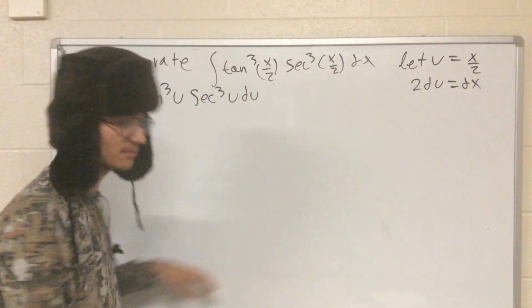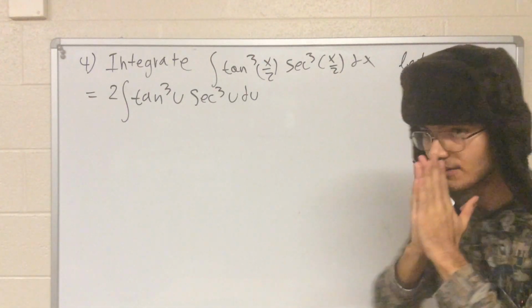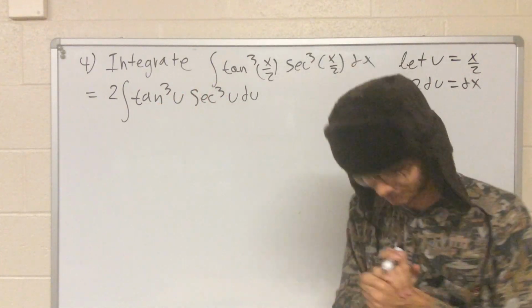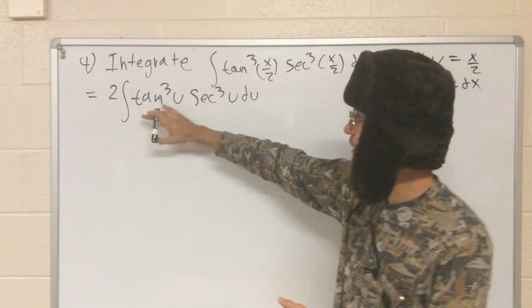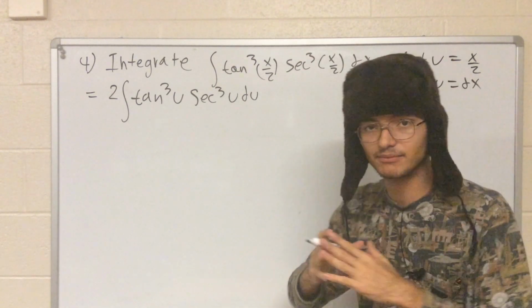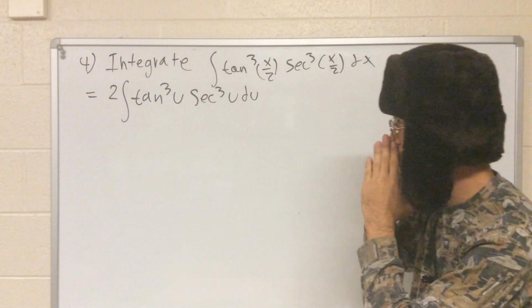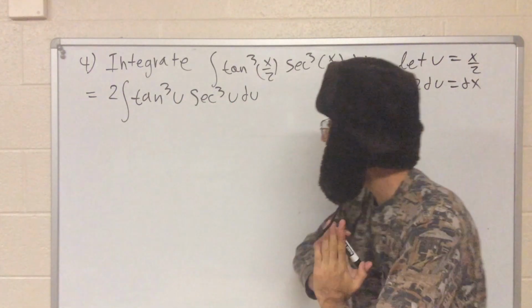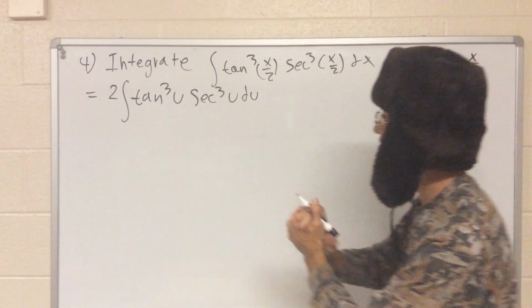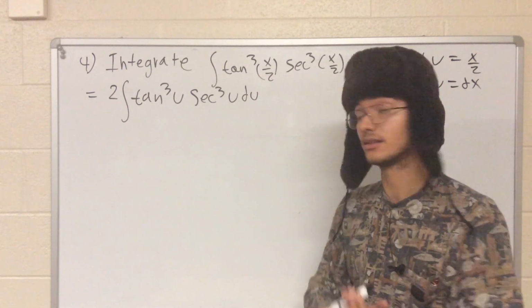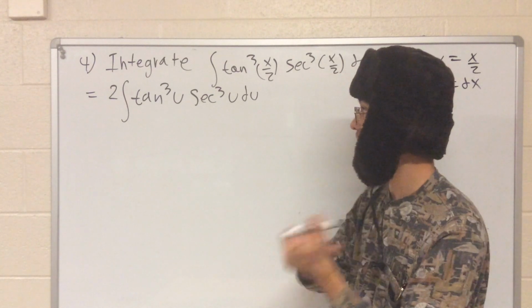Now right over here we have a special case of trigonometric integration. When we have tangent to the nth power times secant to the nth power, and they are both odd powers, one thing we can do, which is very special, is split off a factor of tangent u secant u.